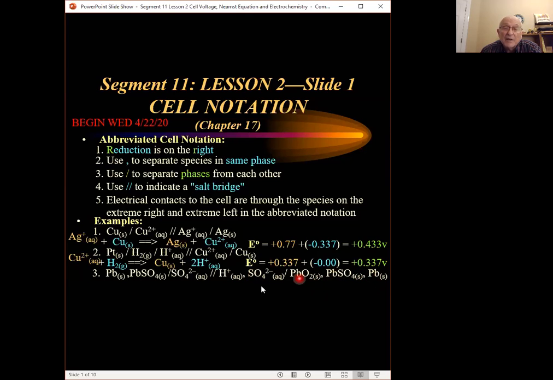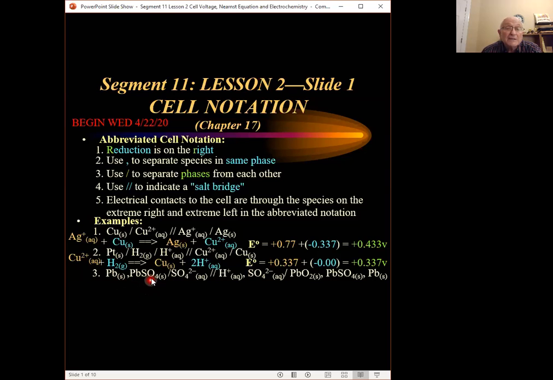Those are the things that are involved. This outside electrode is lead, and we're going to stick one of our wires on that electrode. Let's look at the other side. The other side has lead, it has lead sulfate, both solids, and it has sulfate ion that's involved on that side of the reaction.